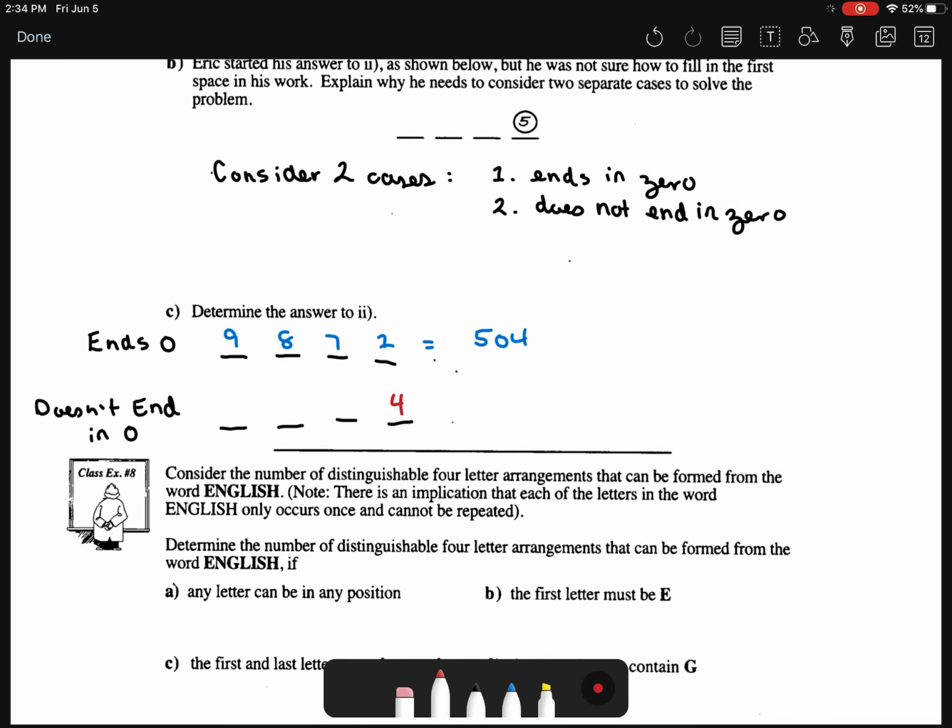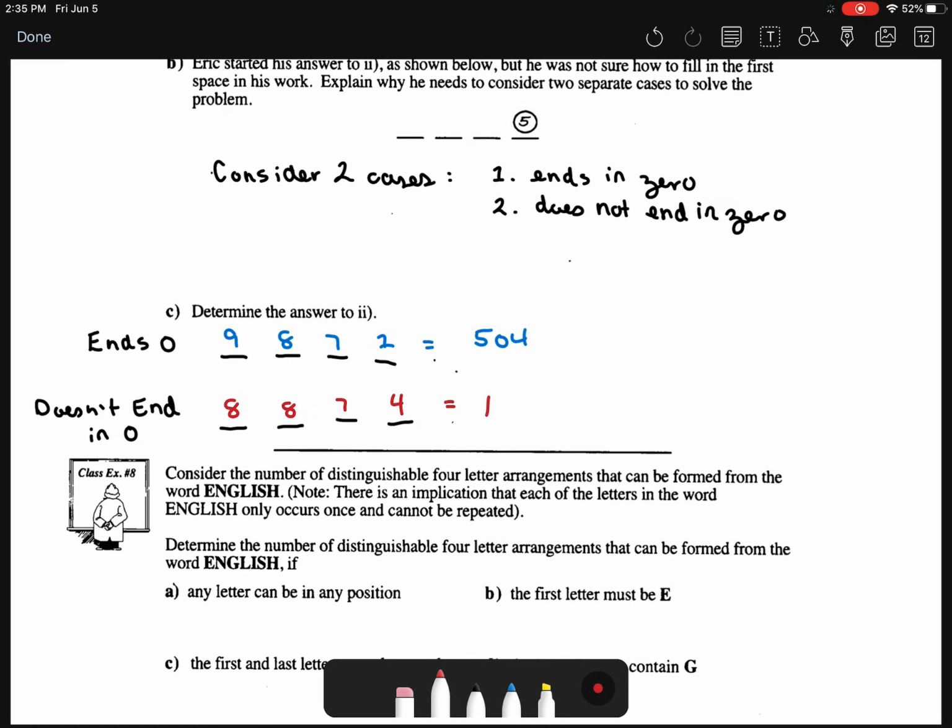Now, if my number doesn't end in 0, I have 4 choices. That's a 2, a 4, a 6, or 8. That's 4 choices. Now, I can't use that number to start my number with, and I also can't use 0, so that means there's 8 options there. Okay, so now I've used up 2 digits in total. So now I have 8 choices here, 7 choices here.